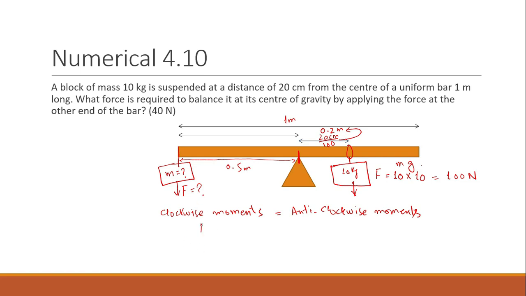So force F in the clockwise direction multiplied by the moment arm is equal to the second force that we are applying at the other end multiplied by the second moment arm.